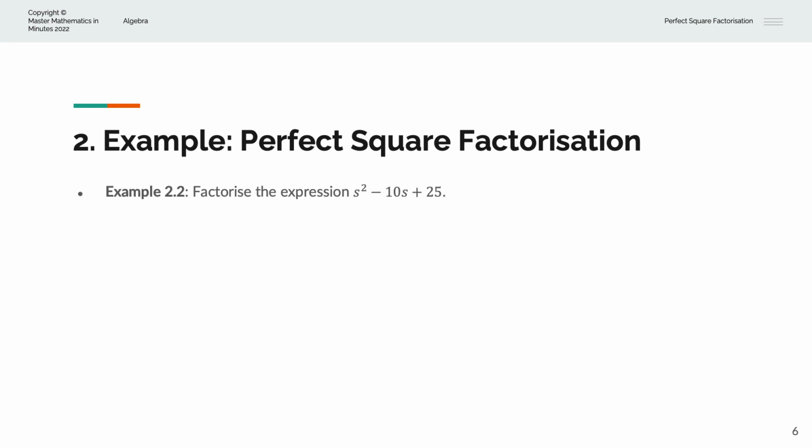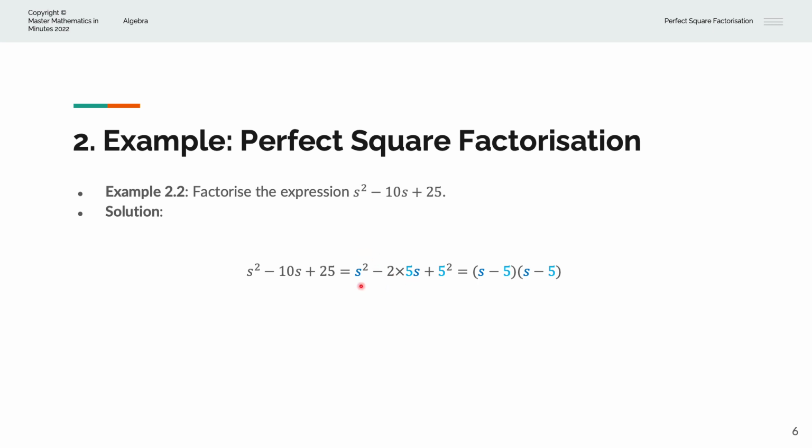In the second example, we're asked to factorize the expression s squared minus 10s plus 25. We can rewrite this expression. So s squared is unchanged as s squared, and 25 is now 5 squared. For the middle term, we'll need to write it in the form of minus 2ab.